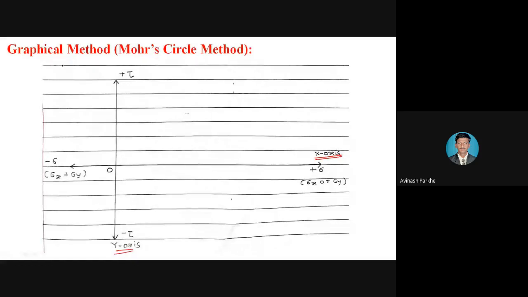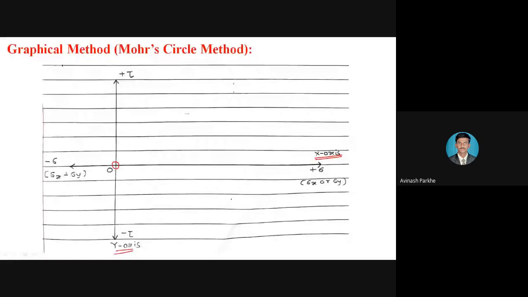Therefore, in the Mohr circle method, whenever we draw the Mohr circle, sigma x and sigma y are always represented on the horizontal axis. If you see this figure, one horizontal axis is there, one vertical axis is there, and at this point there is the origin point O. You can see in the figure the point O is near the center point.